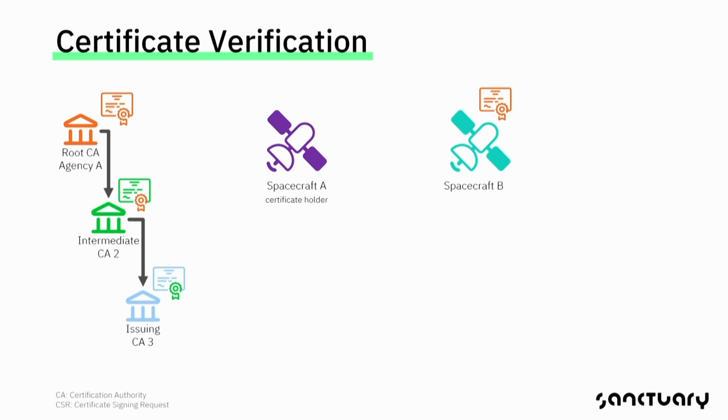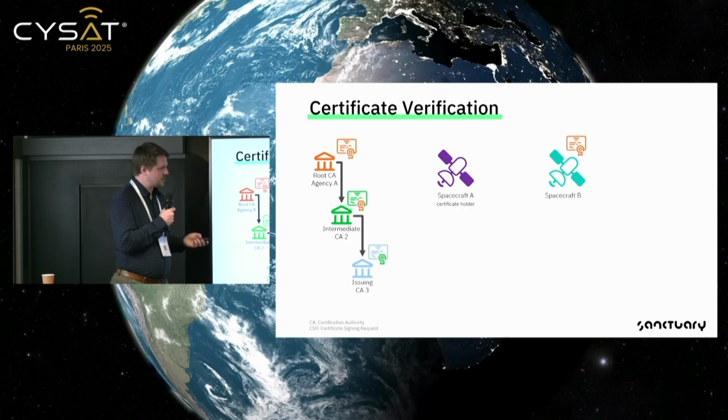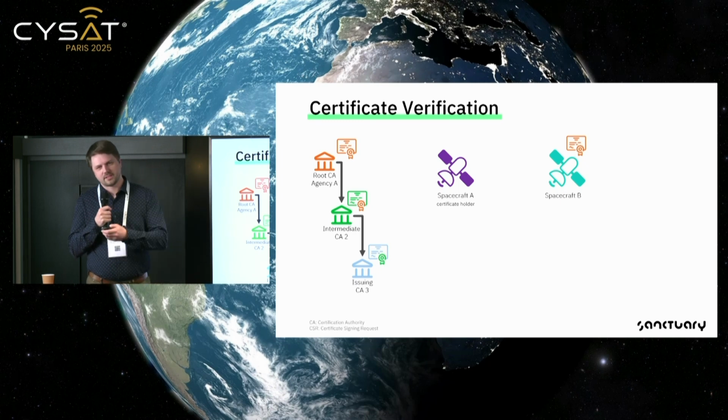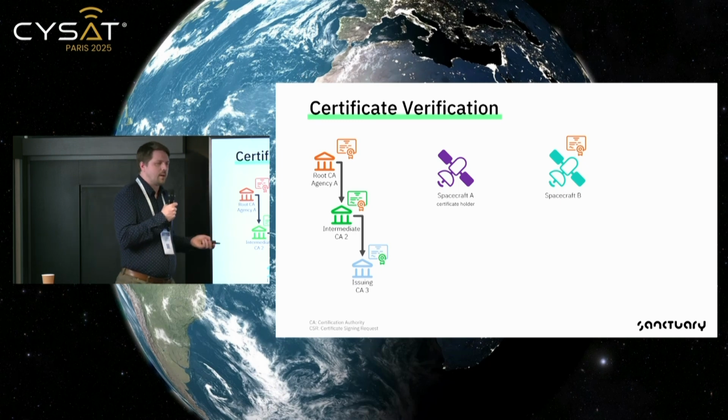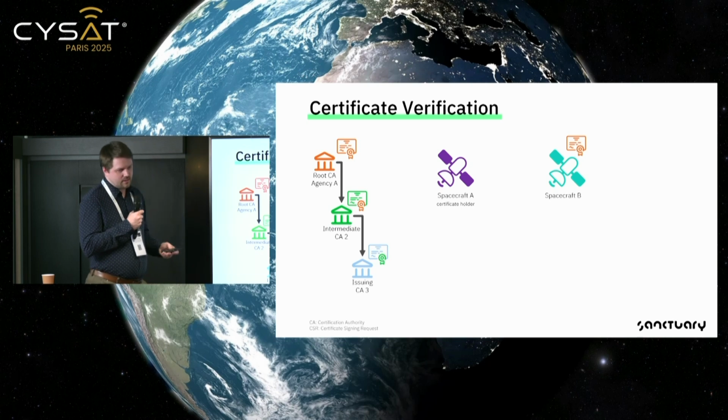That's also what's on your computer. So you have the root certificates for the use of the internet, either directly in your operating system or in your browser, but they are basically pre-installed, and you don't need to manage them specifically.